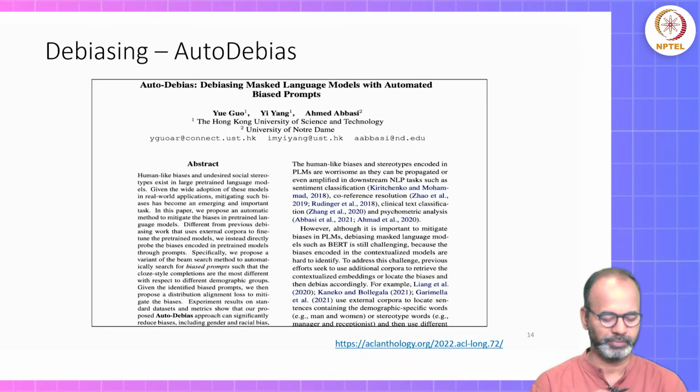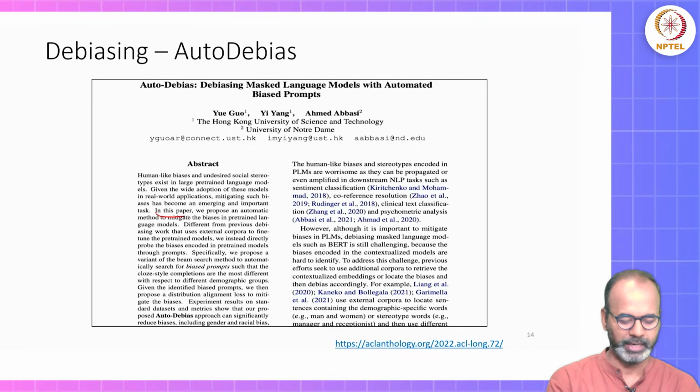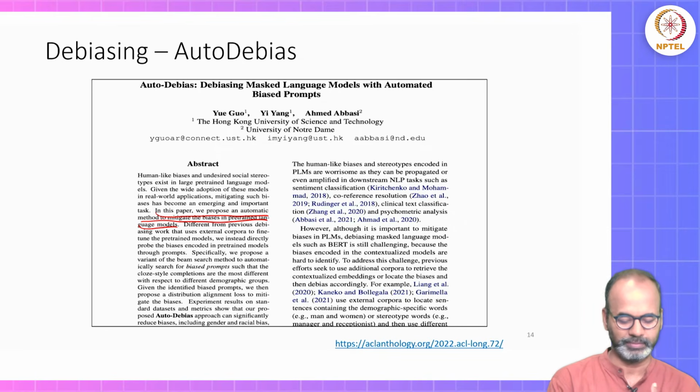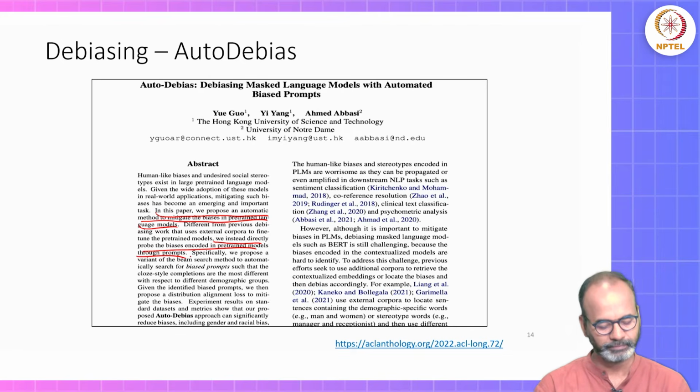In this paper, we propose an automatic method to mitigate the biases in pre-trained language models, different from previous debiasing work that uses external corpora to fine-tune the pre-trained model. We instead directly probe the biases encoded in the pre-trained models through prompts.